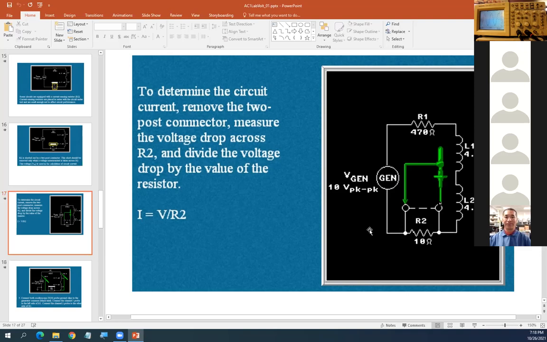So you're saying that the current going through R2 is minimal then? Yeah, that means the same current goes anywhere here. That's a series circuit. Right, but then the meter and R2 are in parallel.